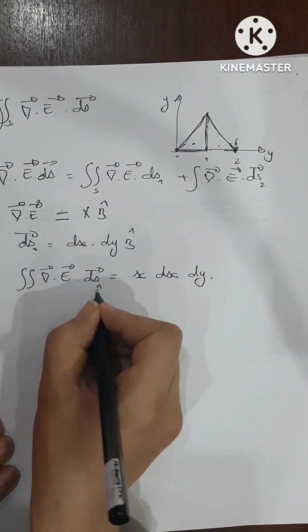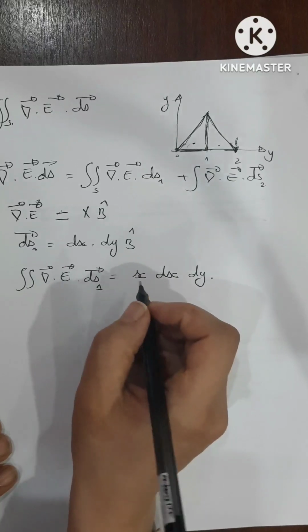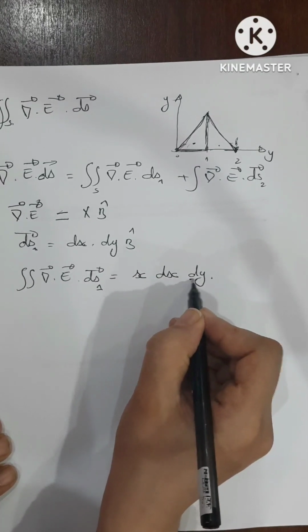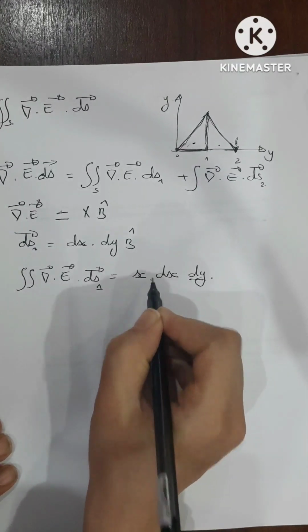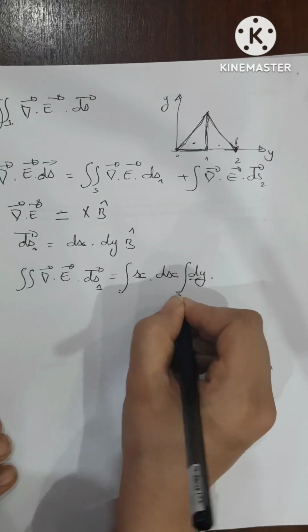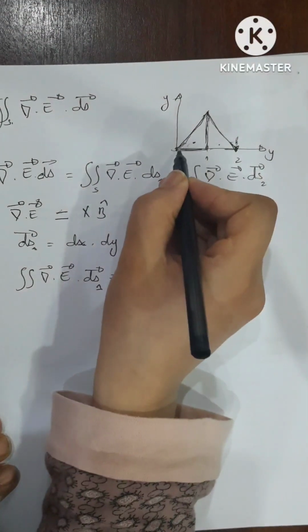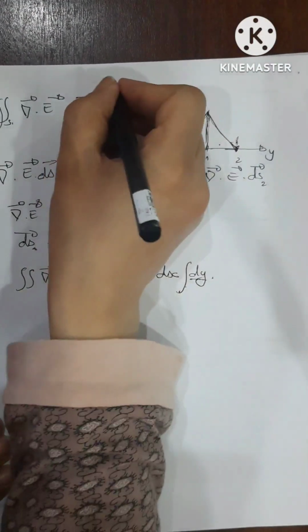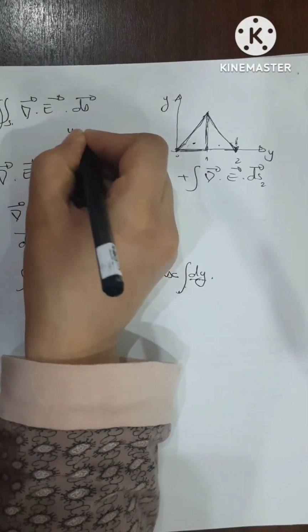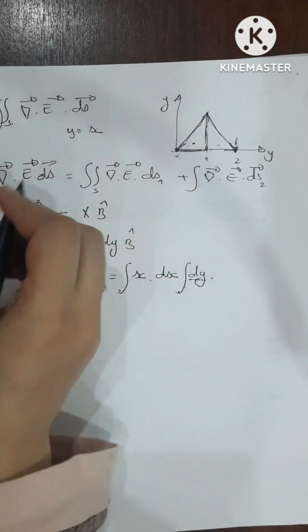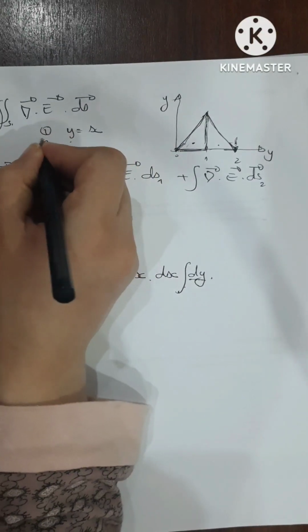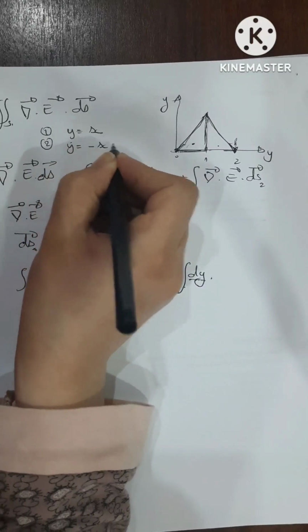For ds1, we start from dy, which is a function of x. In the first one, the first function is y equals x, and the second function is y equals minus x plus 2.